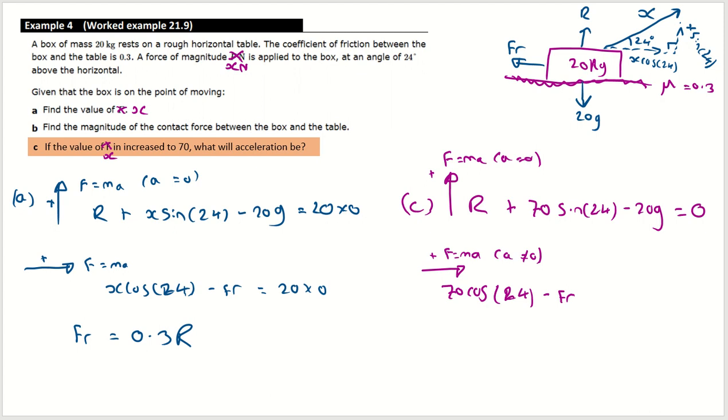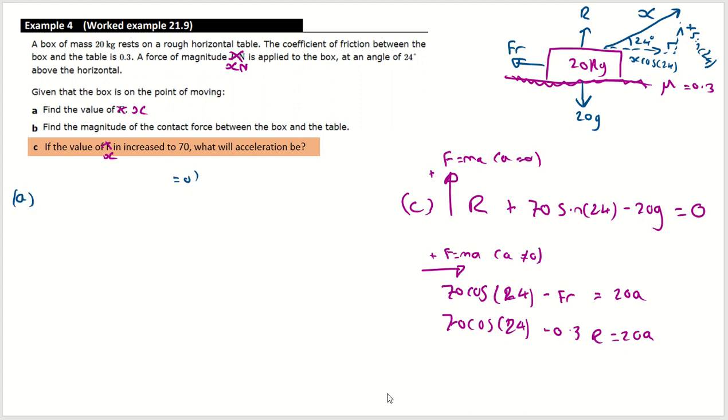Oh, I guess we did in the end. So that's equal to 20 times, so this time it's just 28 because we're looking for that acceleration. Okay, so 70 cos 24 minus 0.3R equals 28. Use this space maybe now a little bit over here. Same as before with just some very minor tweaks.